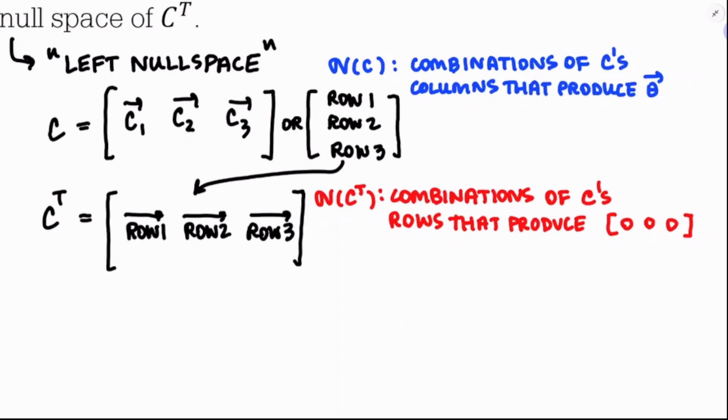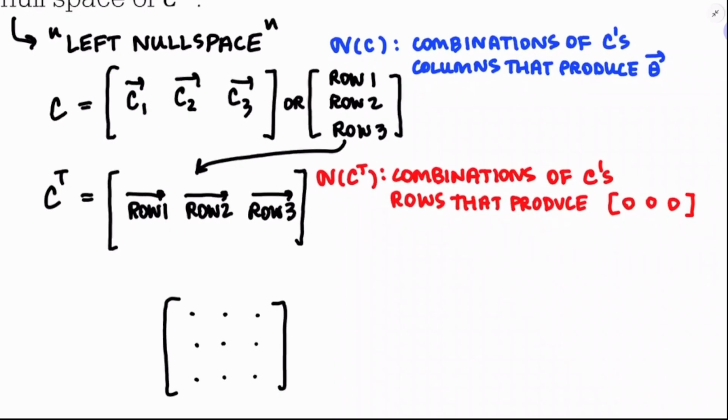But if we thought about C being still a 3 by 3 matrix here, maybe I'll even put in some entries, we could be multiplying this by a 1 by 3 and getting a 1 by 3 back. A 1 by 3 would be 1 row, 3 columns.